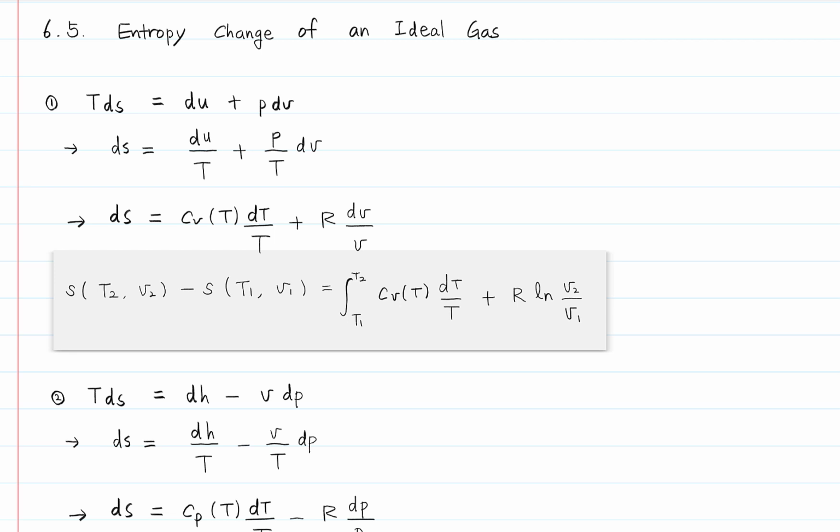PV equals RT. P is the absolute pressure, V is the specific volume, R is the gas constant, T is the absolute temperature. The internal energy and enthalpy of an ideal gas depend on temperature only.